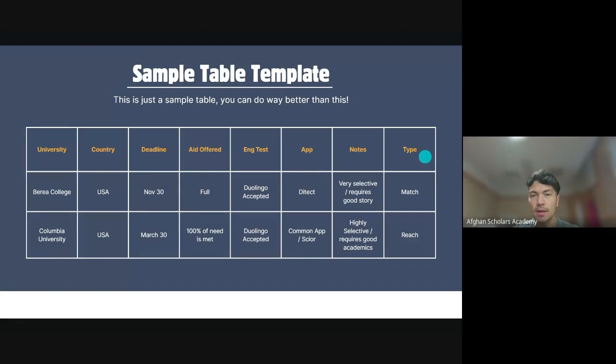For example, Berea College is in the US, the deadline is November 3rd. It's the early admission deadline, and they also offer full funding. Duolingo is accepted. They have their own application, or direct application. And it's very selective, requires a good story. Your table should look something like this: very organized, very good.